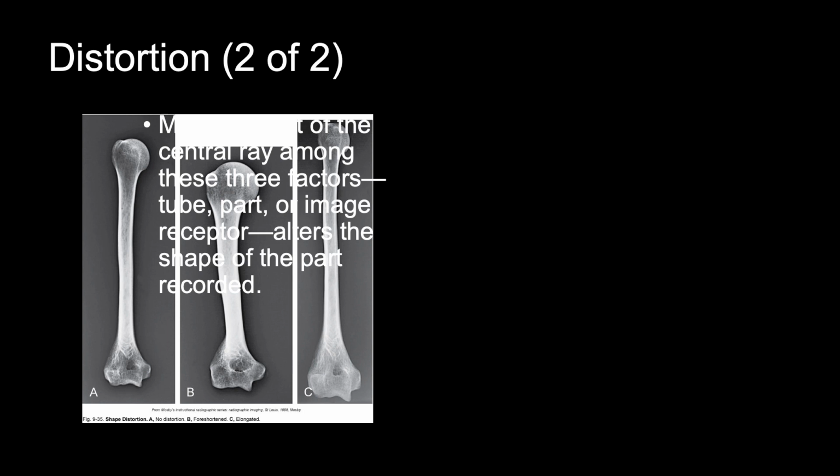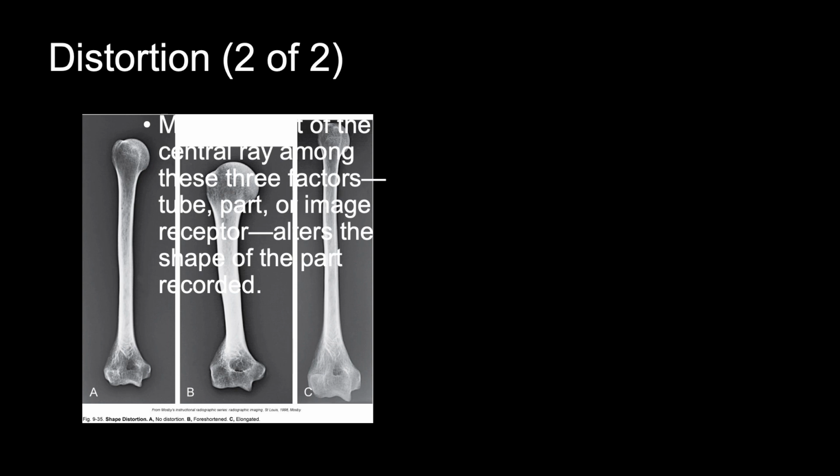Misalignment of the central ray among these three factors, the tube, the part, and the IR, alters the shape of the part recorded. So looking at the images here, this is all shape distortion. A is going to be no distortion.